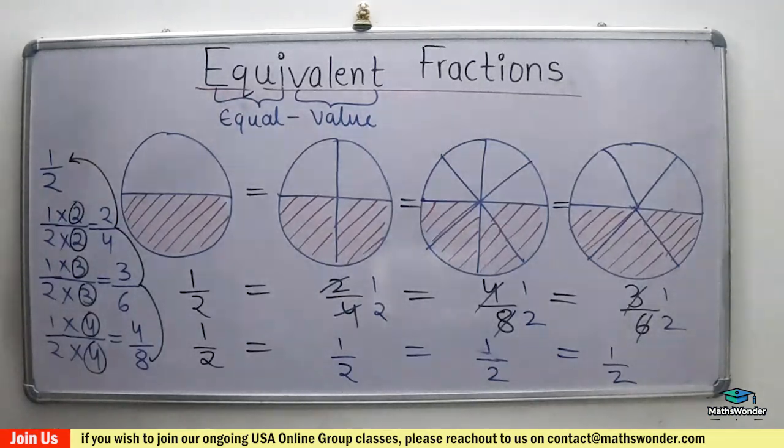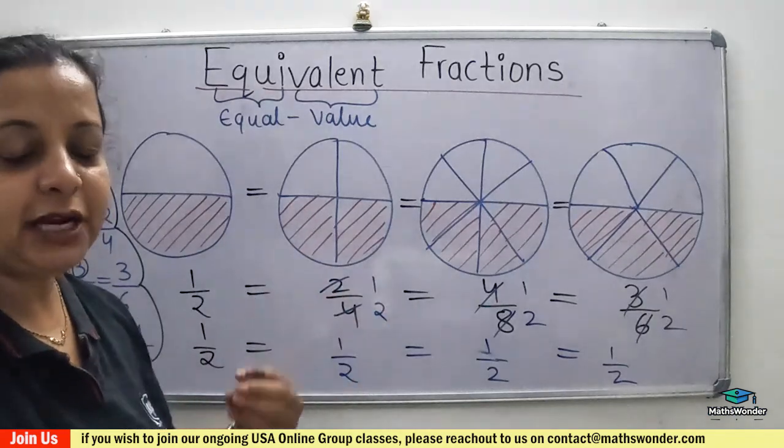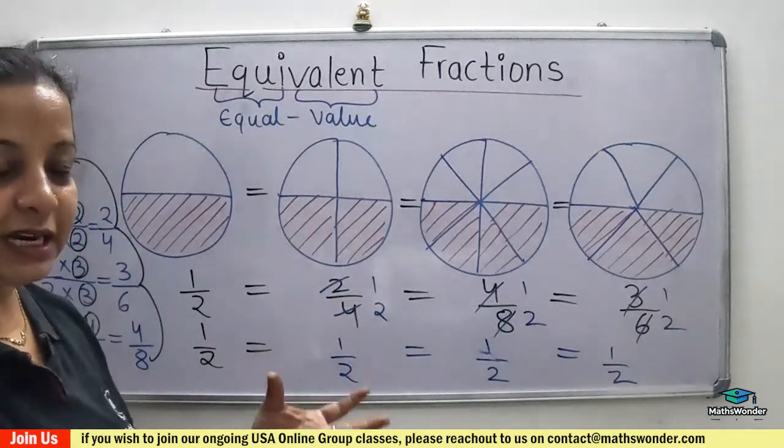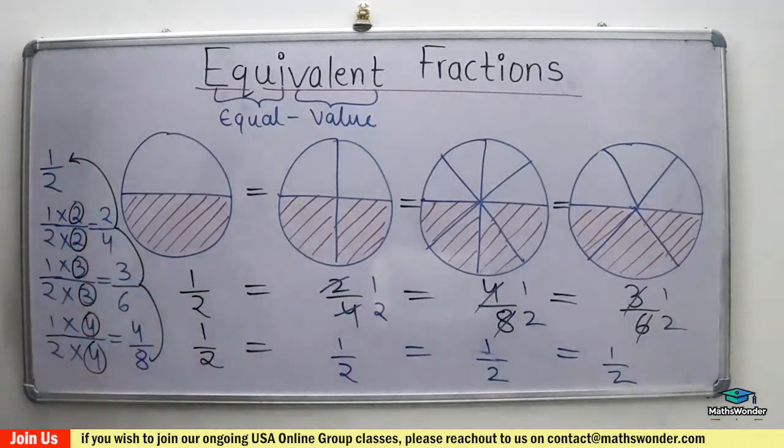Okay. So all are connected. This is the basic concept: only multiplying and dividing. Here I am multiplying. If you have any big number, you can divide also. You can divide by 2, by 4, by 6, like that, and you will get the equivalent fraction.